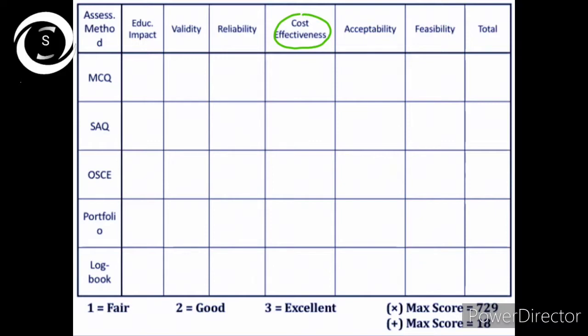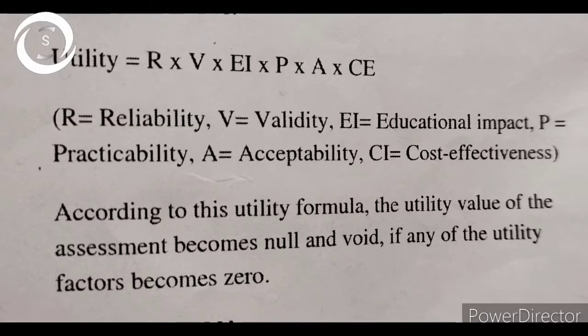So now we have got a formula: utility is equal to reliability multiplied by validity multiplied by educational impact multiplied by practicability or feasibility multiplied by acceptability multiplied by cost effectiveness. According to this utility formula, the utility value of the assessment becomes null and void if any of the utility factors becomes 0. So you will give marks 1, 2, 3: 1 for fair, 2 for good, and 3 for excellent.